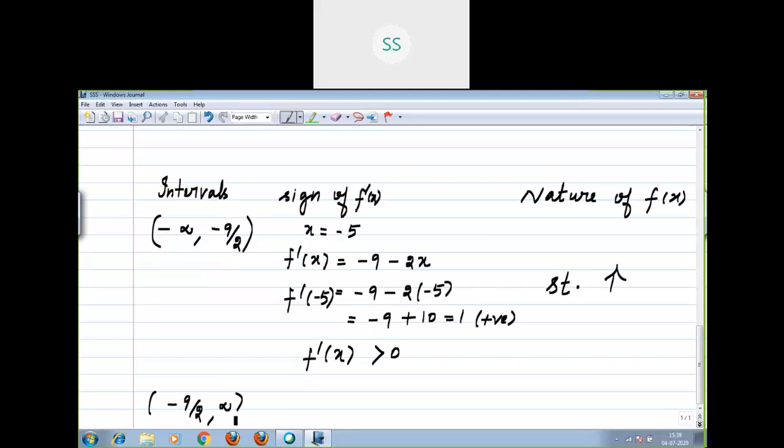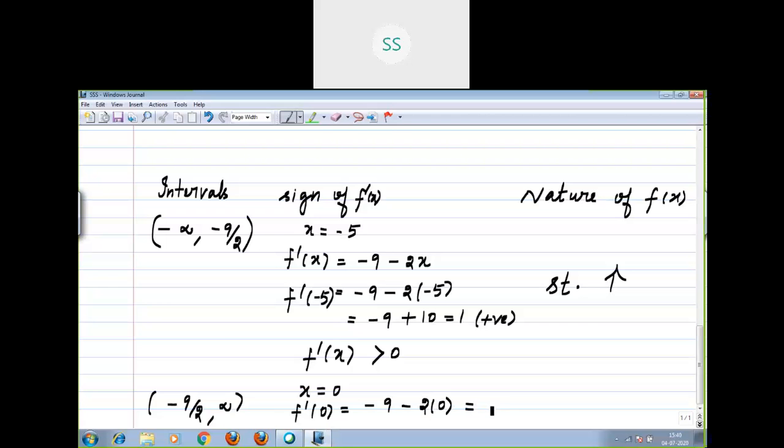Here you can assign x is equal to 0. That is easy, right? What can you assign here? x is equal to 0. So f dash of 0 is equal to minus 9 minus 2 into 0.